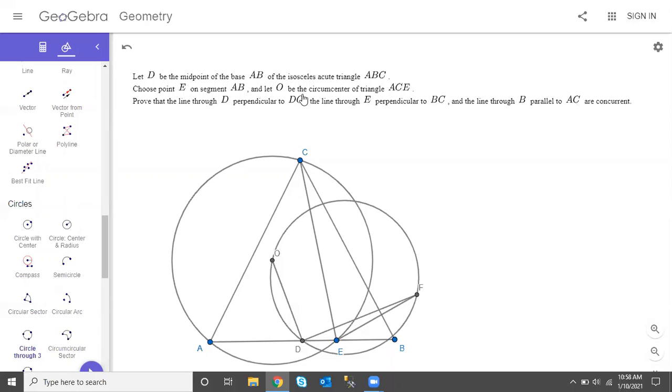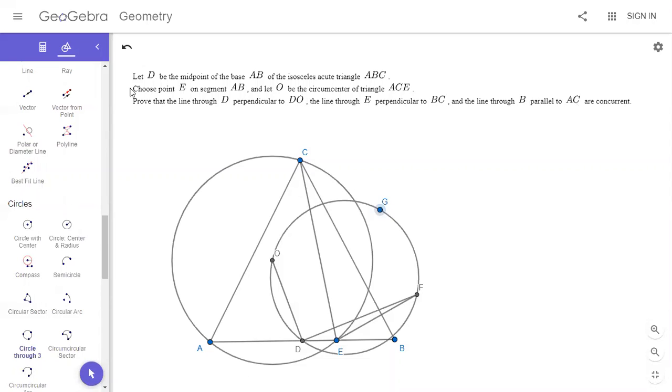All right, let's see. I almost feel like, have any of you heard of orthologic triangles?